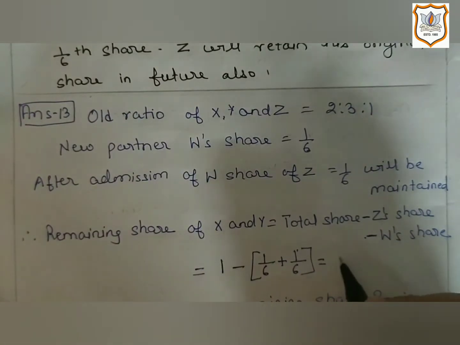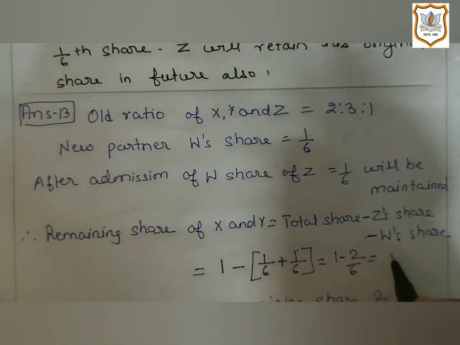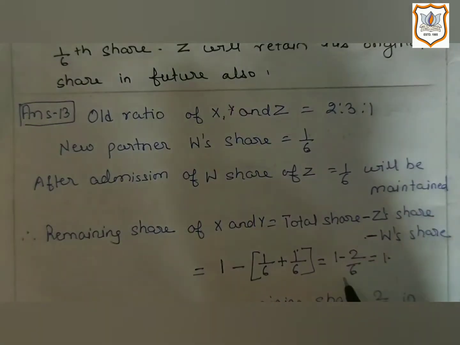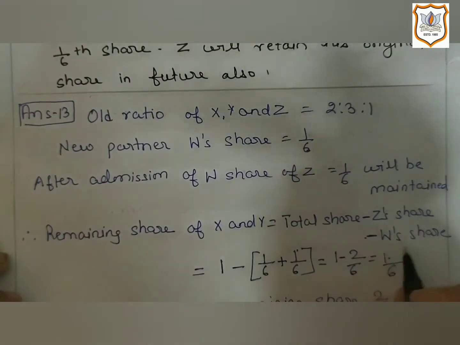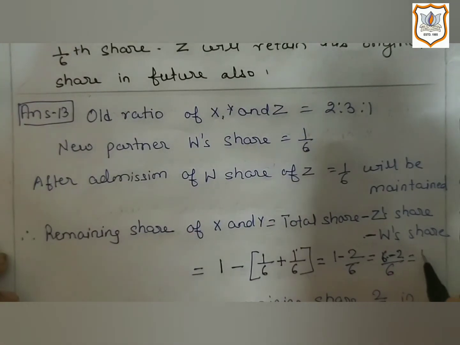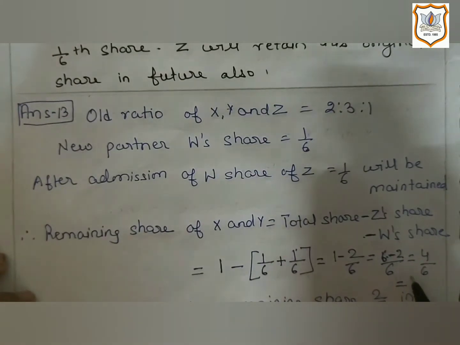So if we solve it, we will get 1 minus 2/6 equals 1 minus, by taking LCM, 6 minus 2, that means 4/6, and if we simplify it, we will get 2/3.